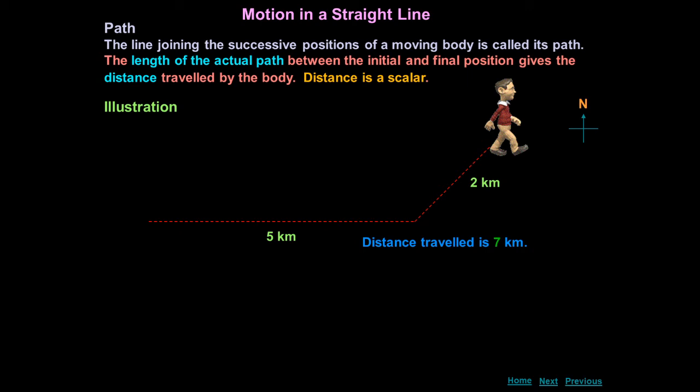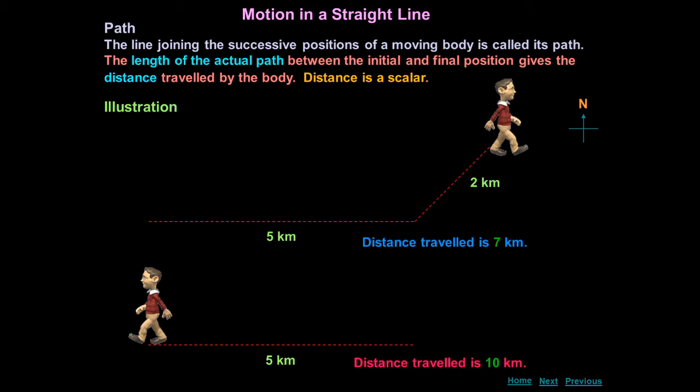Total distance travelled by the man is 7 kilometer. See the next one. Now a man travelled 5 kilometer in the forward direction and returns back to the same position. So the total distance travelled is 10 kilometer.